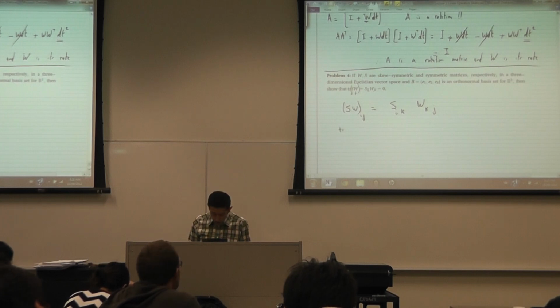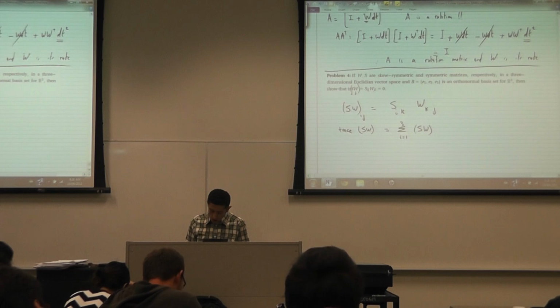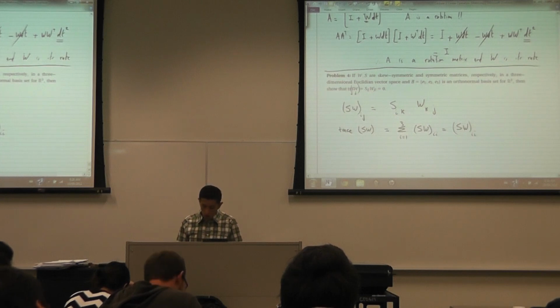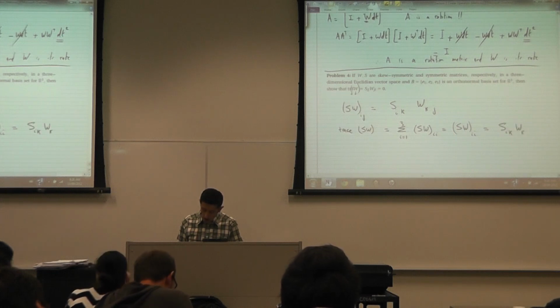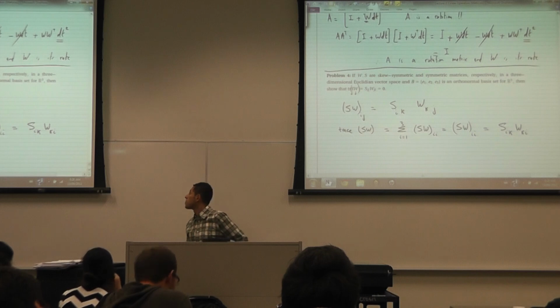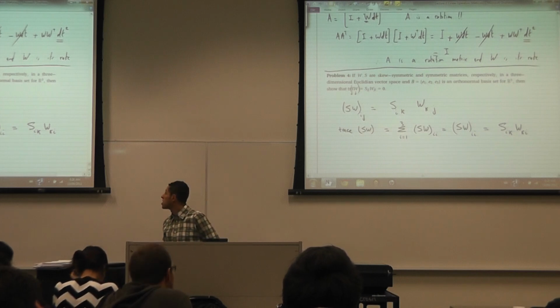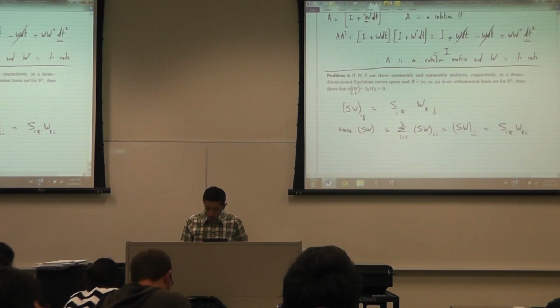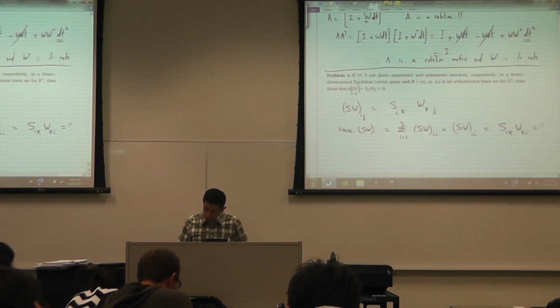The trace of SW is equal to the sum, i equal 1 to 3, of (SW)_ii, which using the summation convention is equal to S_ik W_ki. Because of the symmetry of S and the skew symmetry of W, it's very easy to show that this is equal to 0.